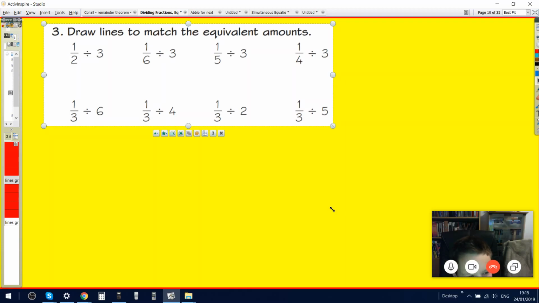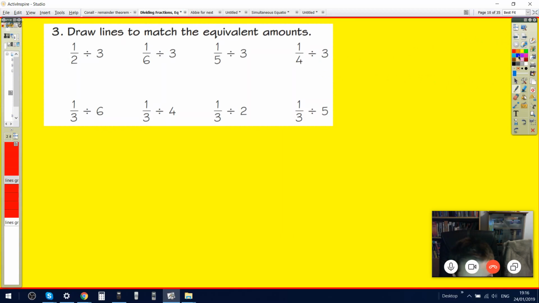I suppose it would make sense to use the keep change flip method again for all of them. We did this exact one earlier. I recognize it. So this one here was 1/6.